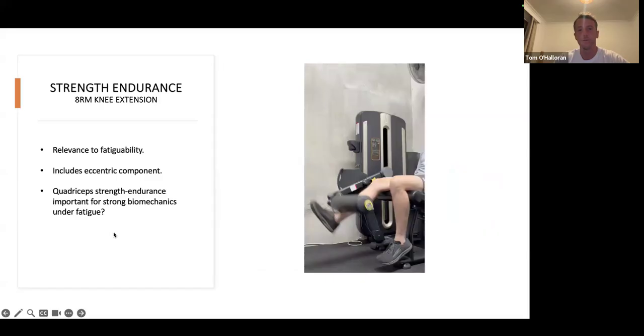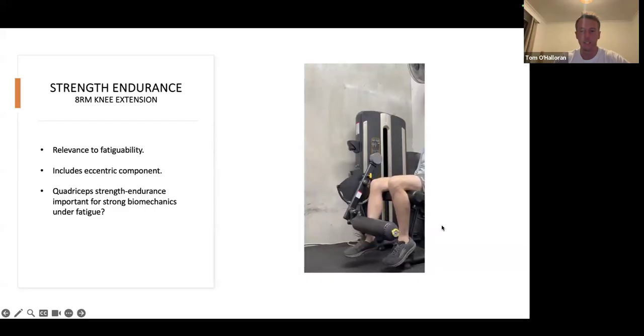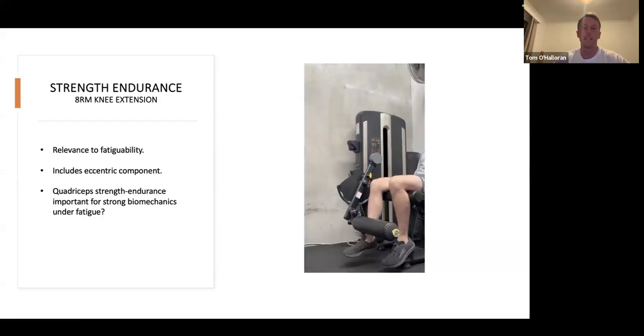And the last one is, occasionally, if I don't do the isometric, I'll do an 8RM on a single leg knee extension. Just loading the plate, seeing if they can get 8 reps out, going up a plate and going to that fatigue point, recording the reps they got to at that weight, and then comparing to the other side, and then to some norms.